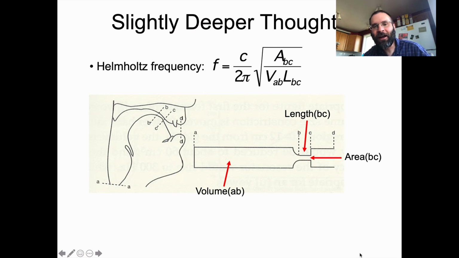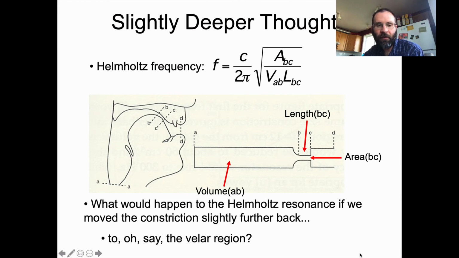So again, this is trying to walk you through the concepts here. If we move this a bit further back, what would happen to our Helmholtz resonance based on what we just learned? Let's say our length stays the same for this constriction and the area stays the same, but we move the whole thing back, then this volume should become smaller.